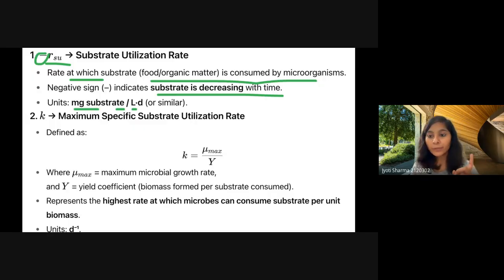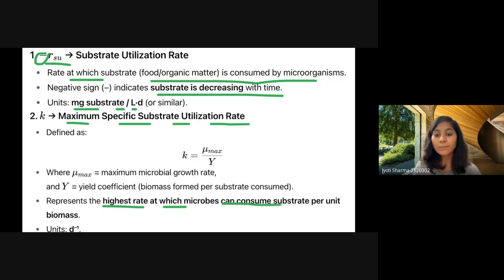Then we have the K term, right? And this K is known as the maximum specific substrate utilization rate. So this represents the highest rate at which microorganisms can consume substrate per unit biomass.